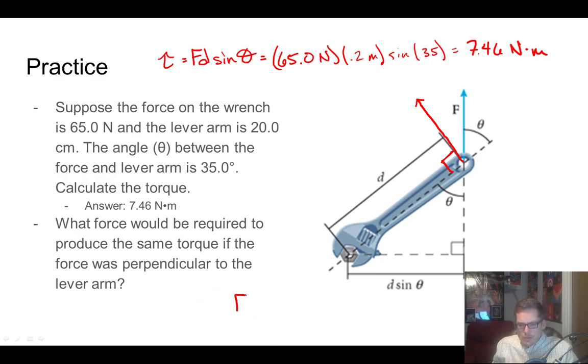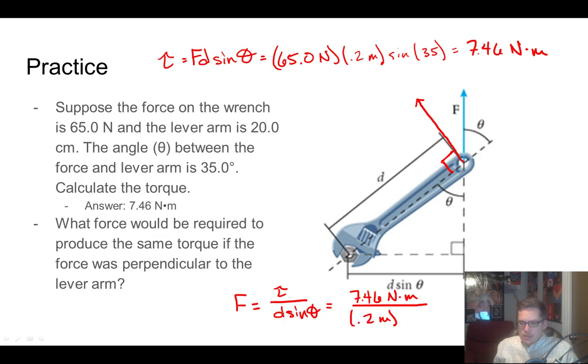If we take the same equation and rearrange for force, force would be equal to torque divided by d sine theta. The torque is going to be the same because it says the same torque, so that would be 7.46 newton meters. The distance is the same lever arm, so it's still 0.2 meters.